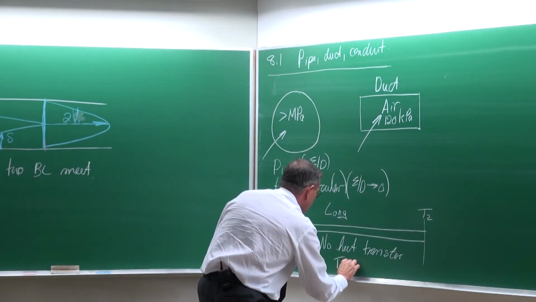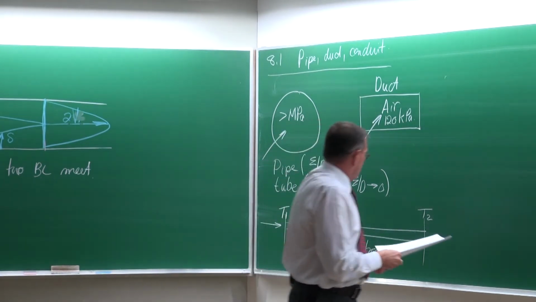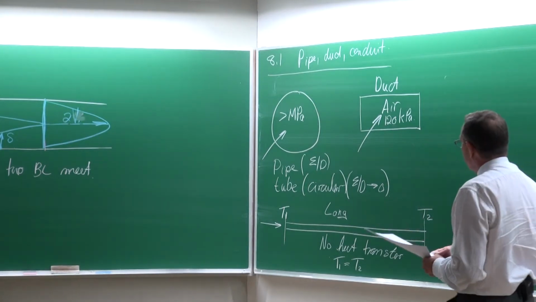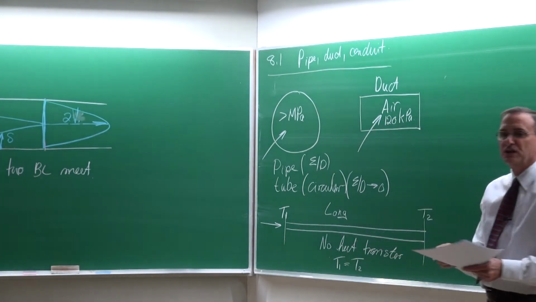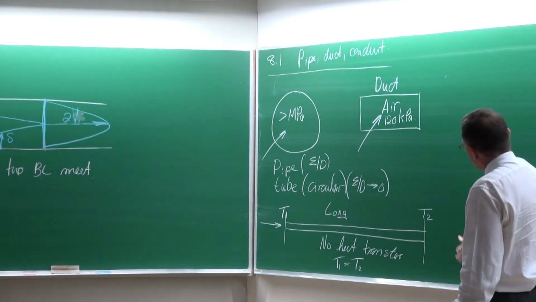So T1 is equal to T2. So the mechanical energy that is being converted because of the friction is negligible for all practical purposes.